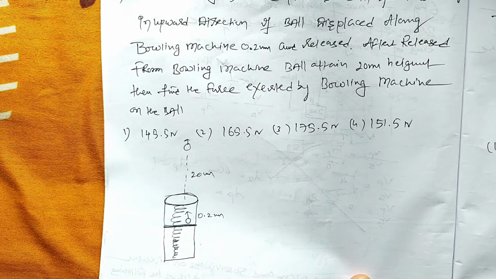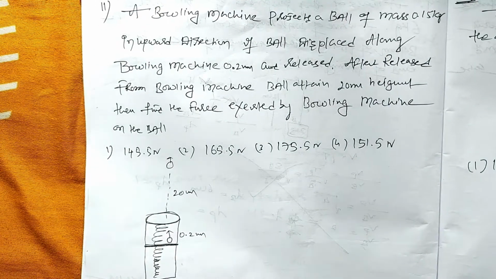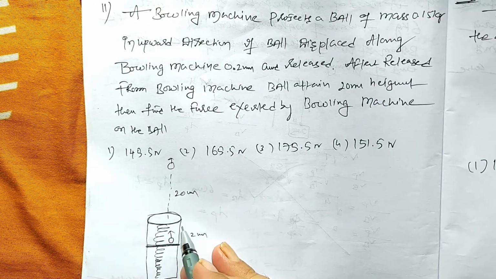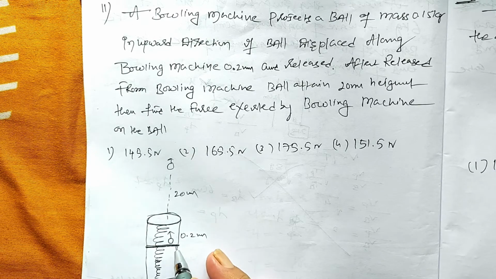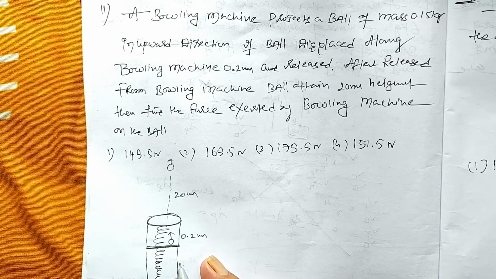Here the machine force is acting up to 0.2 meters, from here to here. Once the ball leaves the contact of the machine, then gravitational force is acting.